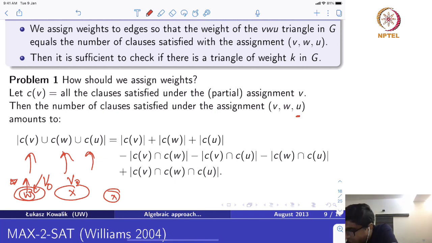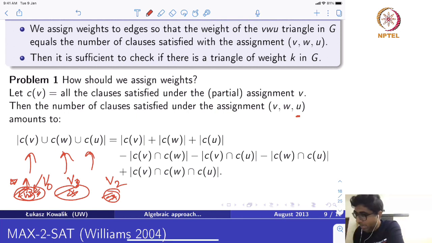So this is another set of variables, right? So basically what I wish to say is this: V corresponds to a partial assignment on V0, W corresponds to a partial assignment on V1, U corresponds to a partial assignment on V2. Okay, and now fix a partial assignment, and these are the clauses which are satisfied by partial assignment V.